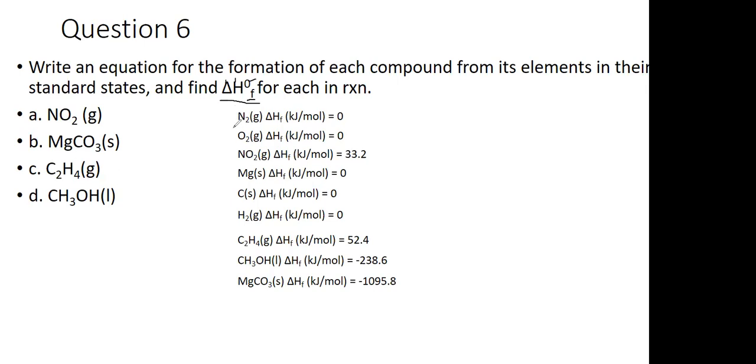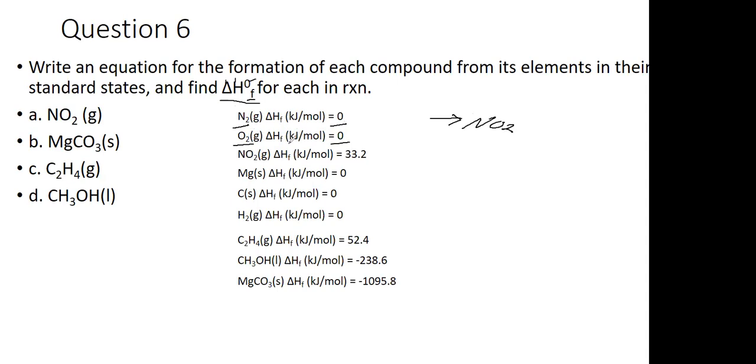The elements in their standard states will always have a delta H of formation of 0. I'll always give you a table for these problems, and you know the element is in its standard state if the energy is 0. So I need an equation where I'm making NO2.